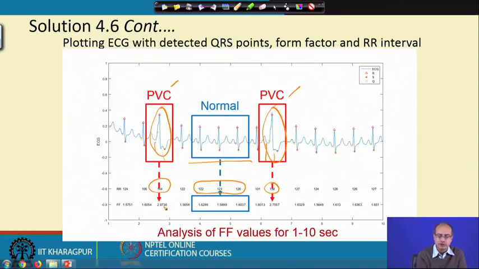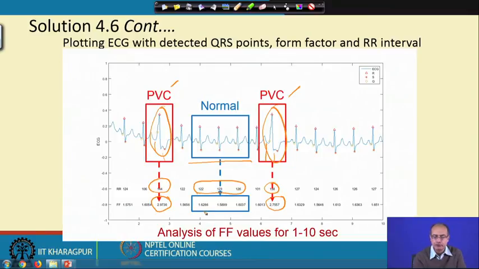Now, let us look at the form factor. For the first cycle of PVC, the value is 2.97, almost near 3. The next one is a little bit less, 2.7557. So, both of them are close to 3.